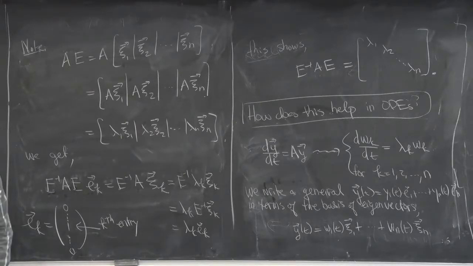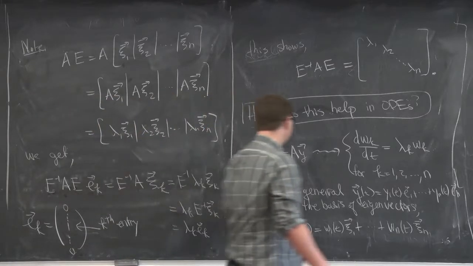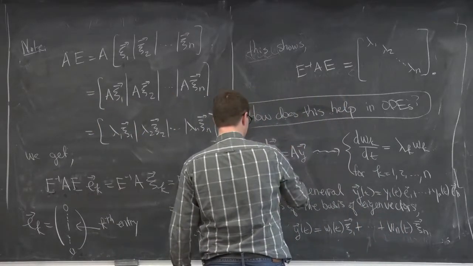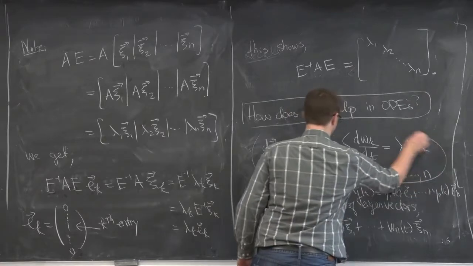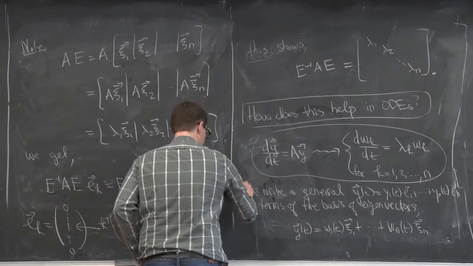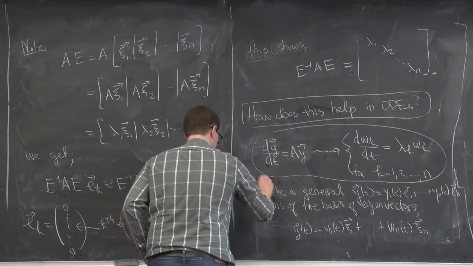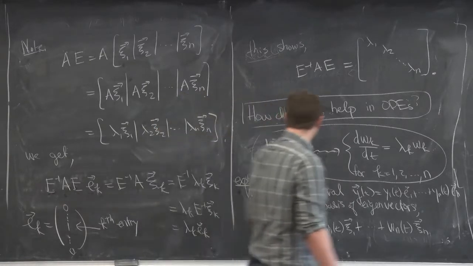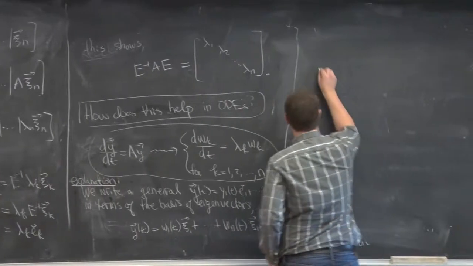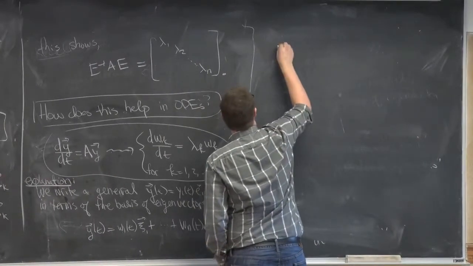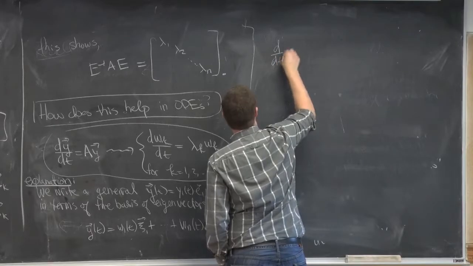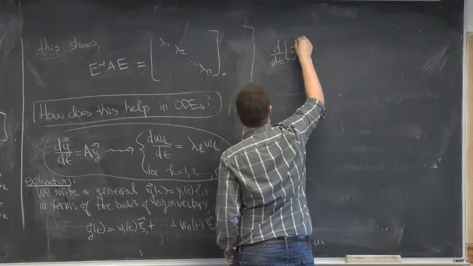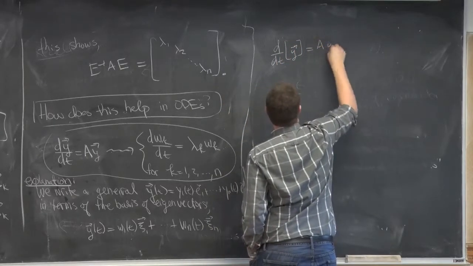So let's plug it into our equation. This is kind of like the result, and then this is the explanation. When we do this, d/dt of y is equal to A of y.